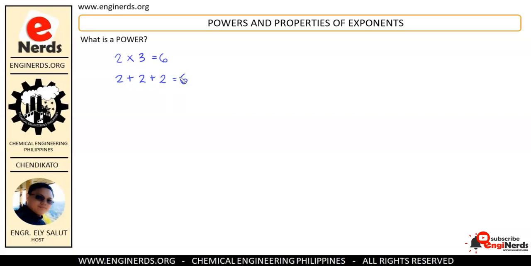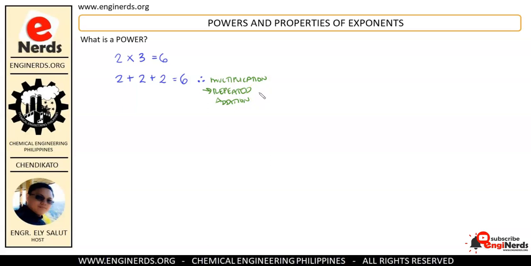So, we mean that 2 is added 3 times. So, anong napansin nyo dito, guys? Well, we learned from this that multiplication is actually repeated addition. So, when you are adding a number repeatedly, ini-express natin siya by multiplication.